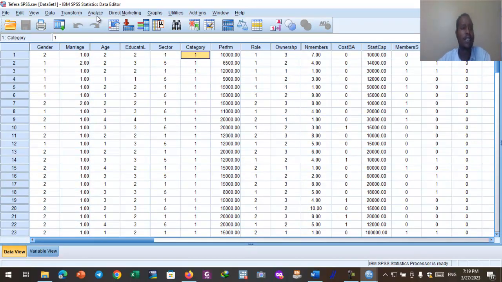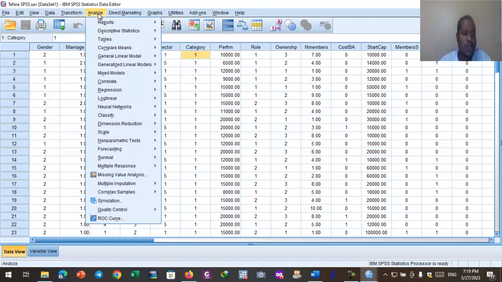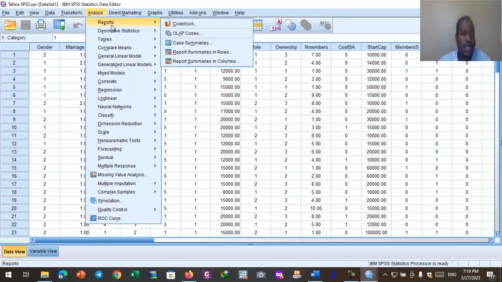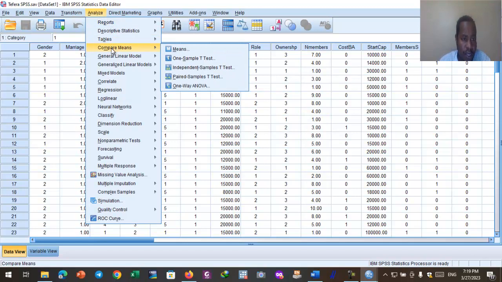Then, to run the independent sample t-test, we have to go to the SPSS menu, click on Analyze, and then go to Compare Means. The very purpose of the independent sample t-test is to compare the mean values of the dependent variable on two different groups.